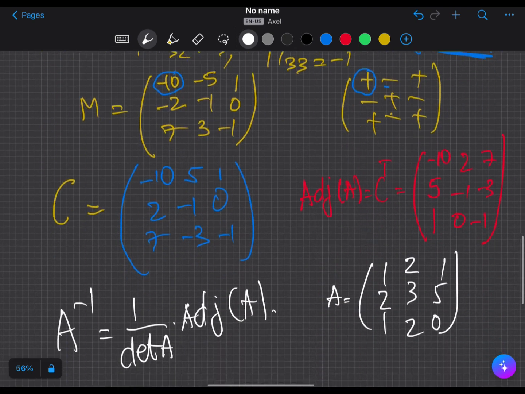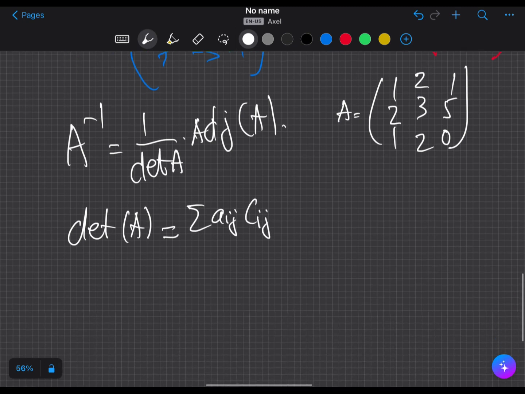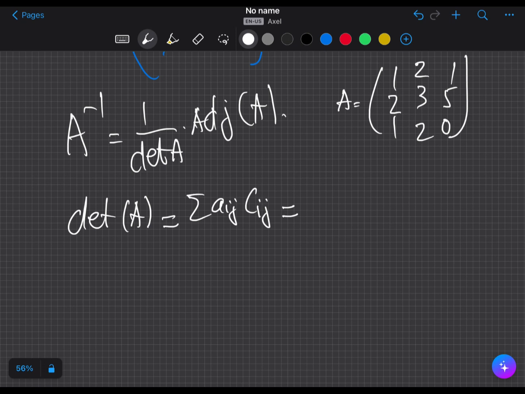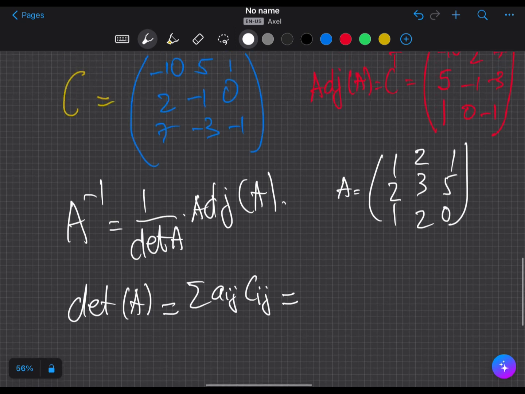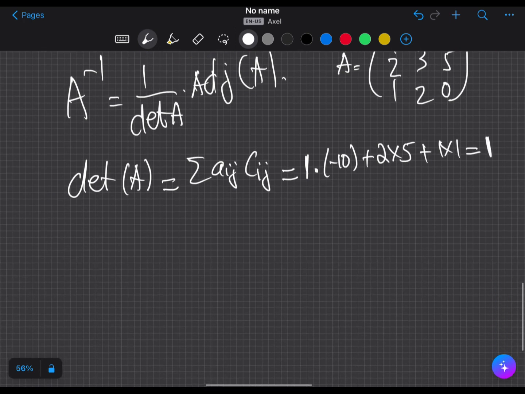So let's apply the determinant equals the sum of a_ij times c_ij. My determinant of A, therefore, will be 1 times minus 10, plus 2 times 5, plus 1 times 1, which equals 1. So the determinant of A is 1.